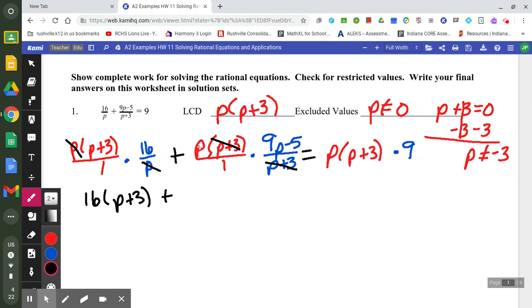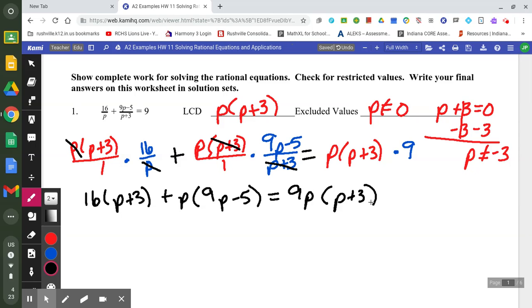So here is p times 9p minus 5, equals, and then I have this p times that 9, so I'm going to go ahead and write 9 times p on the outside, and then p plus 3.